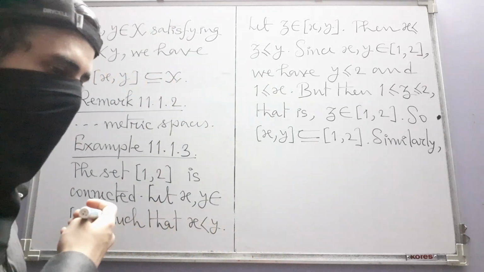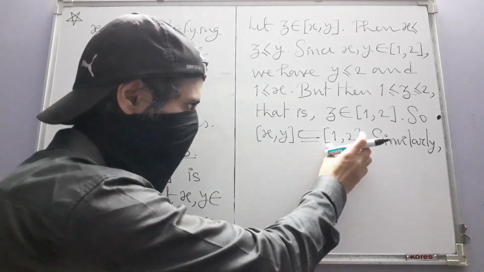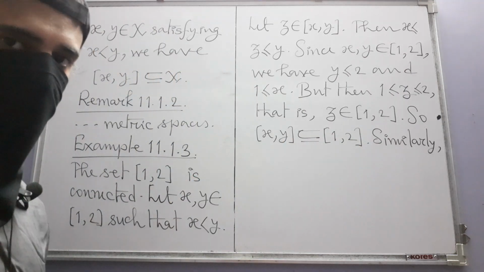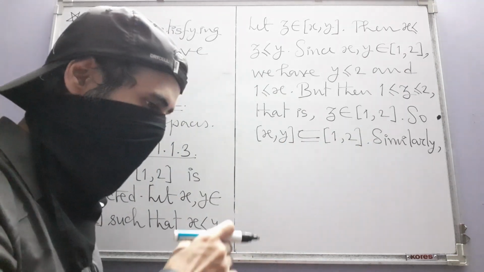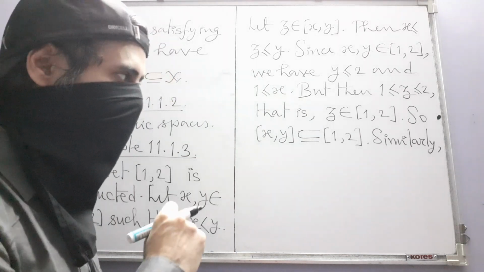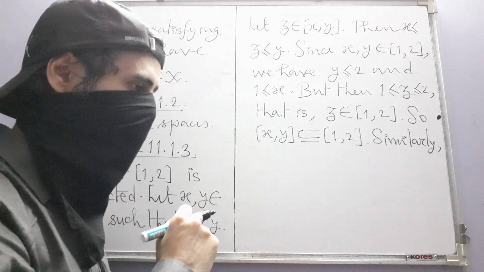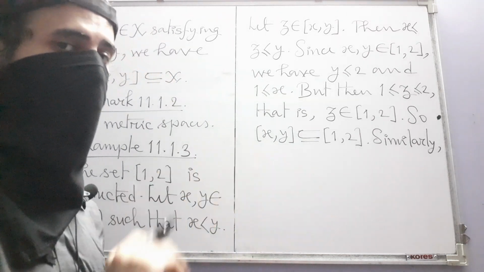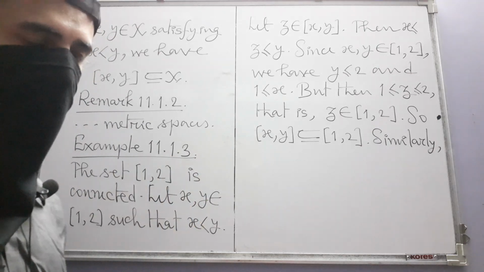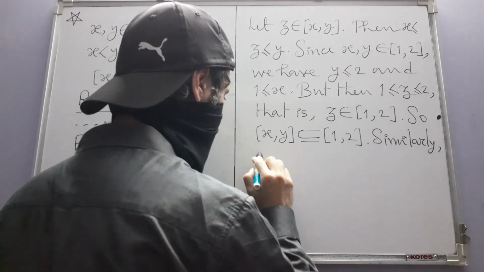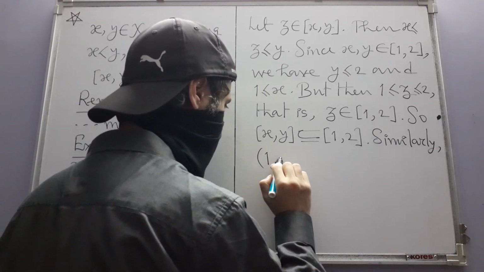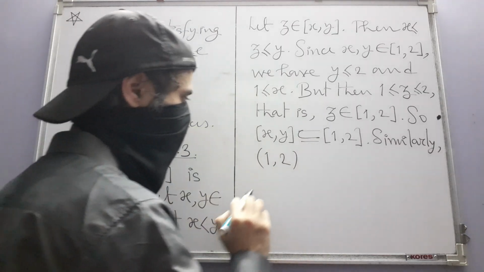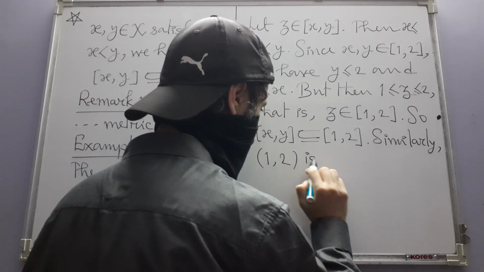Like you imagine geometrically this set on the real line. It represents the line segment which is not broken into pieces. It is in one piece. That's why it is connected. Similarly, following a similar argument, you also have that this open interval is connected.